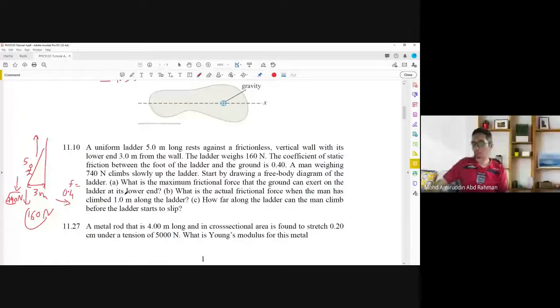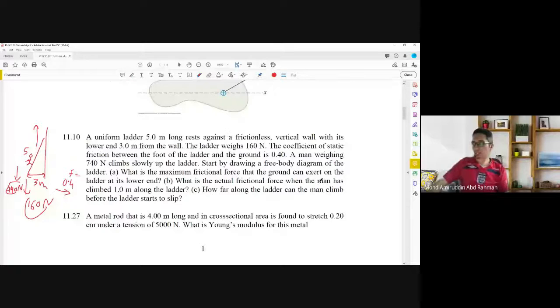The maximum frictional force will be mu s times n, the static friction times the normal force, where n is 900. So you have the answer as 360 Newton.